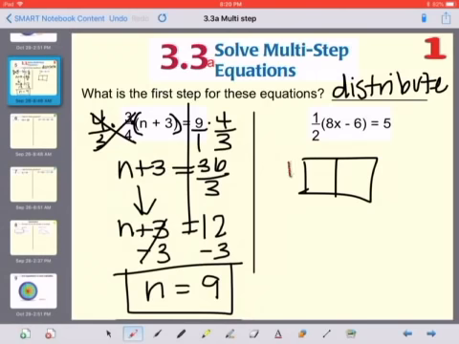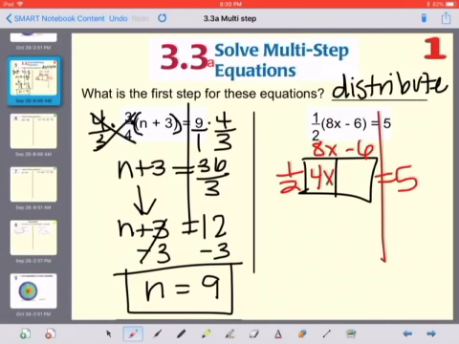Another way, like we learned earlier, is to multiply the 1/2 by both sides. And I'm going to make this equal to whatever's on our other side of our equation. On the left, we're just multiplying half of 8, or 1/2 times 8. Half of 8 is 4, so we have 4x. Half of -6 is going to be a -3.